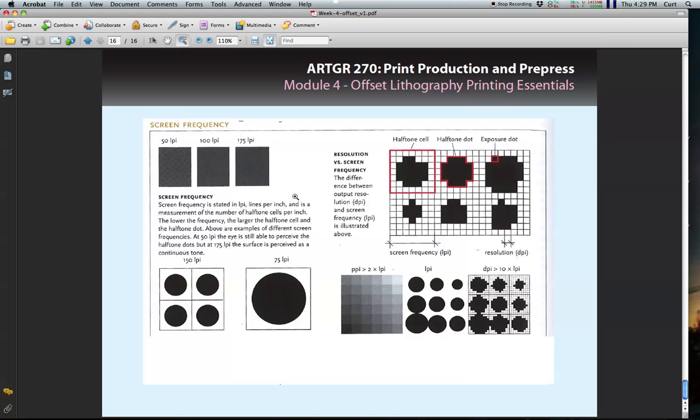So in pre-press, they have this Zen saying: pixel on screen becomes dot on paper, right? Converting the digital pixels to physical dots is what pre-press is all about.